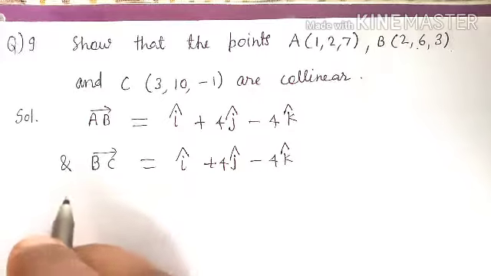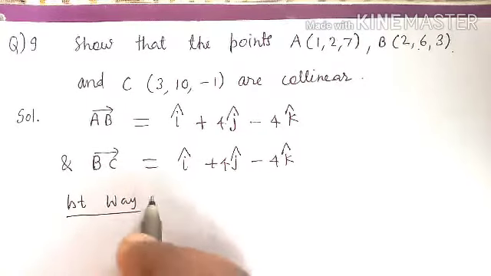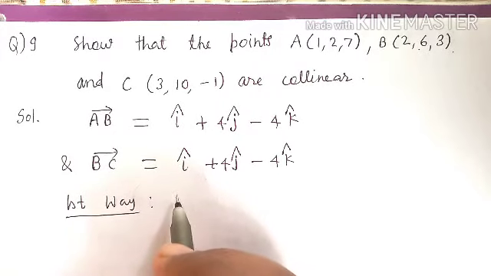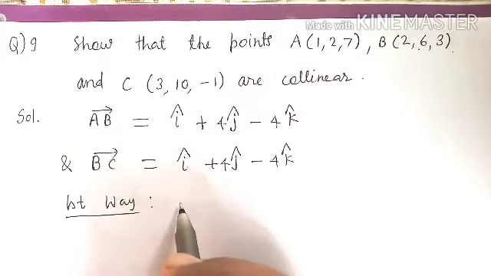The first way to show collinearity is to take the ratio of corresponding scalar components.